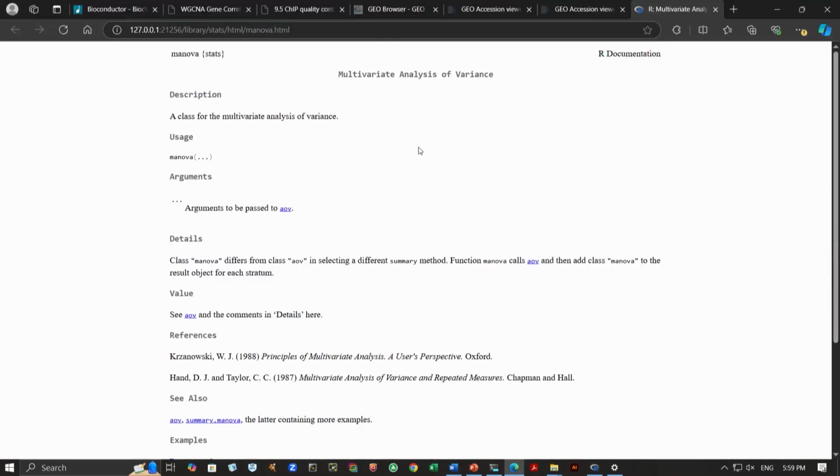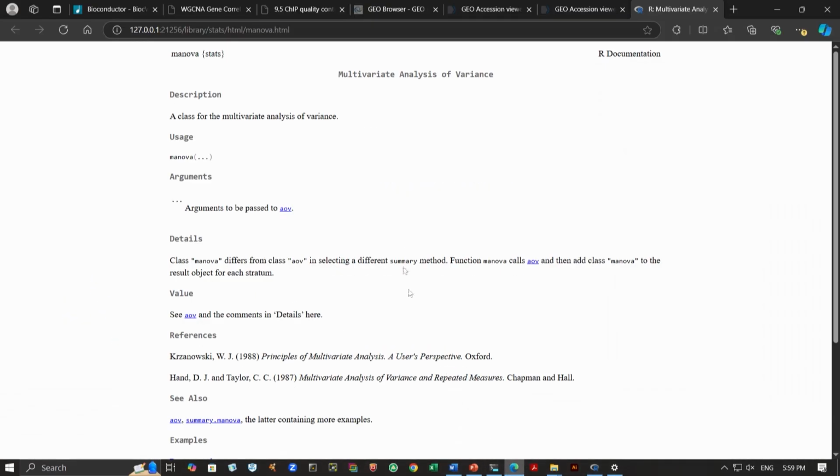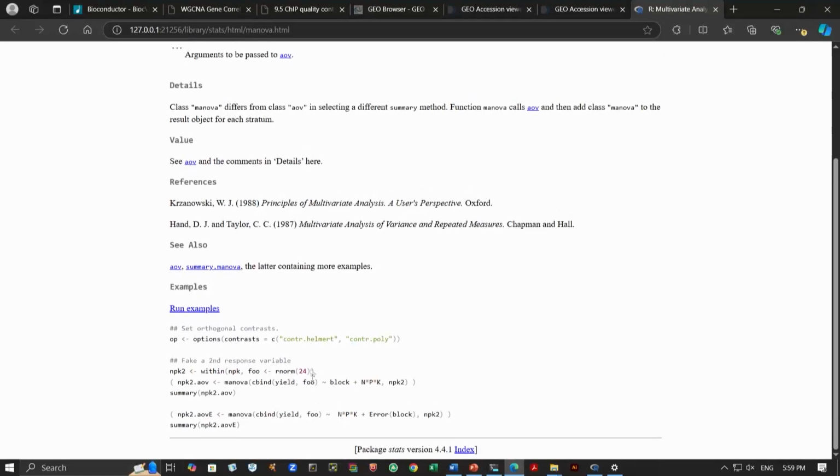So, we can also try help MANOVA. When you try this help function, it will tell you how to use this, what the arguments are that you have to give, etcetera, with some examples.